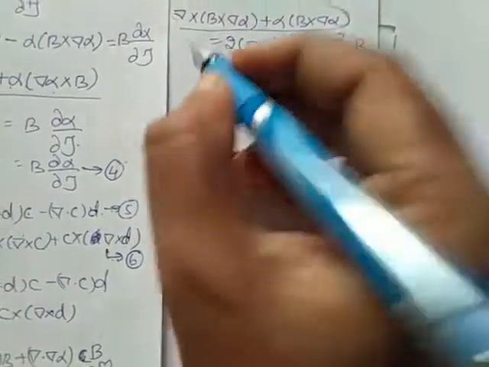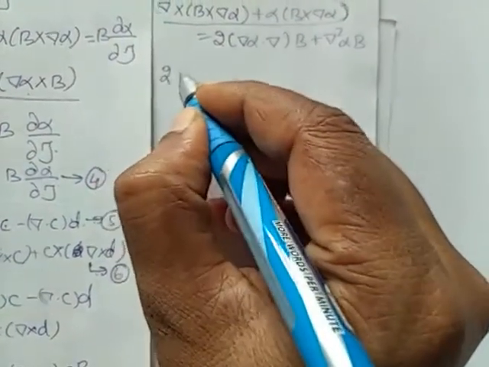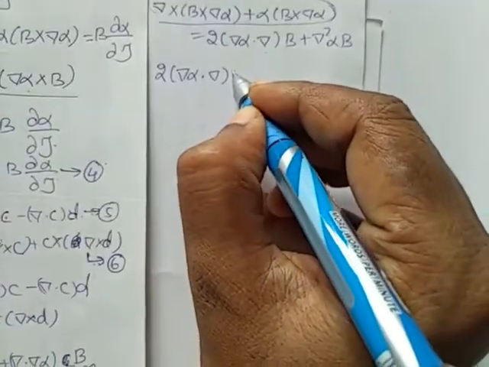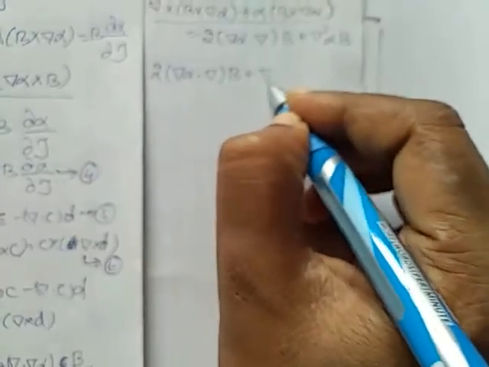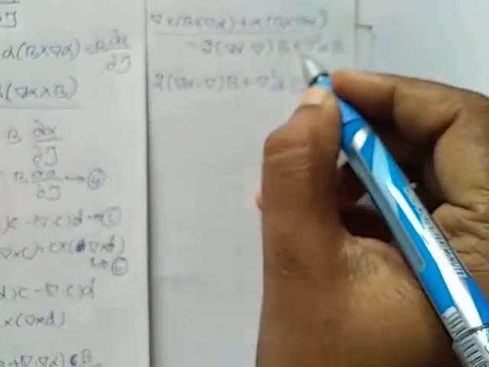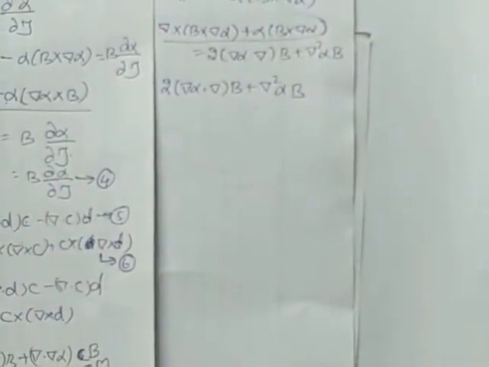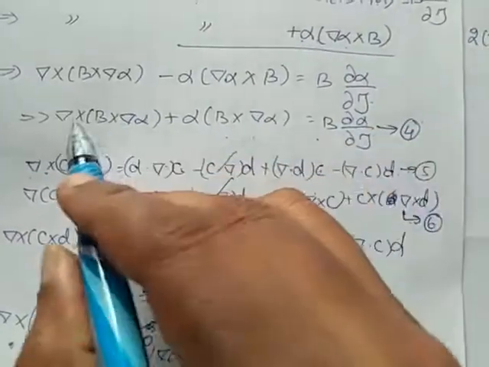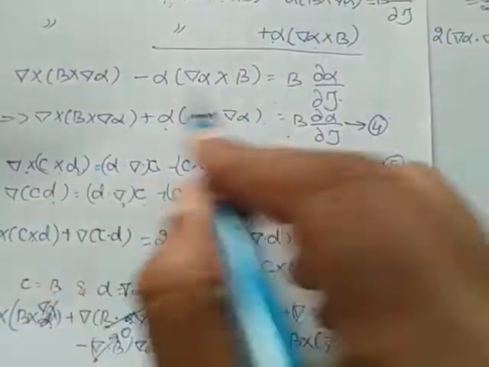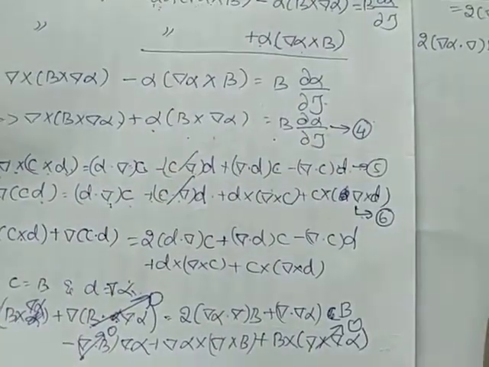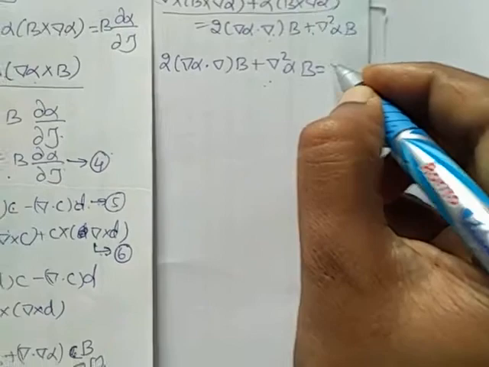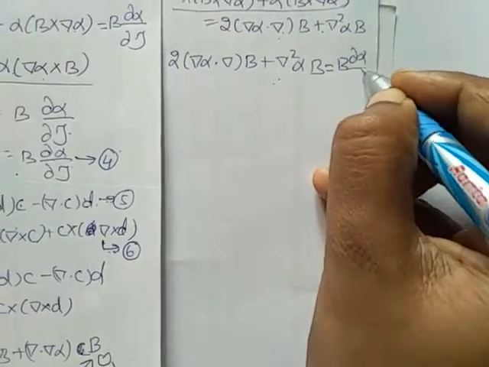So equation 4 becomes 2 del alpha dot del into B plus del square alpha B. I have written the RHS term in equation 4. This is our equation 4. We got this result. I have substituted this value from the result, is equal to, what is our RHS? B dou alpha by dou tau.